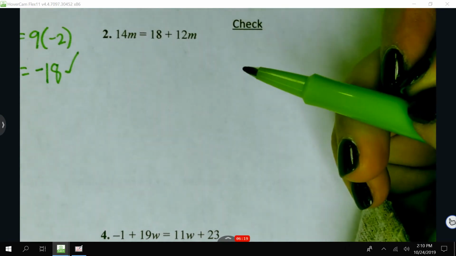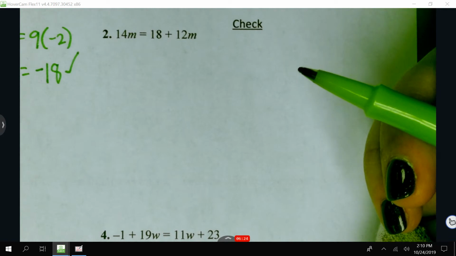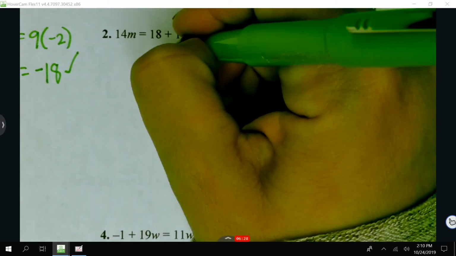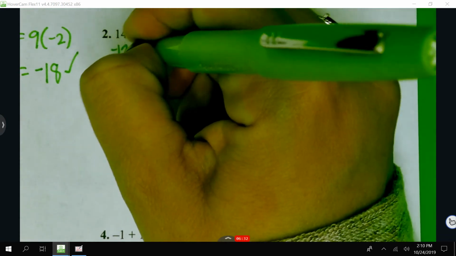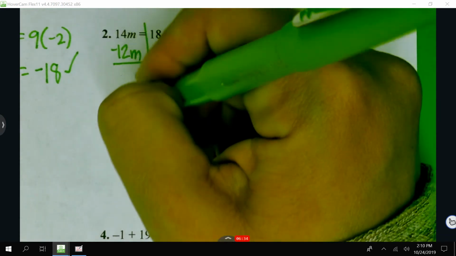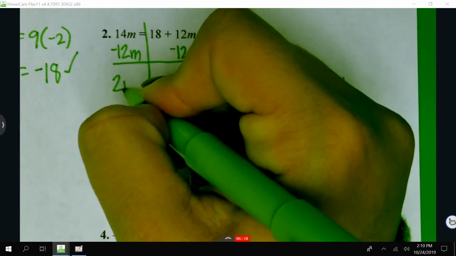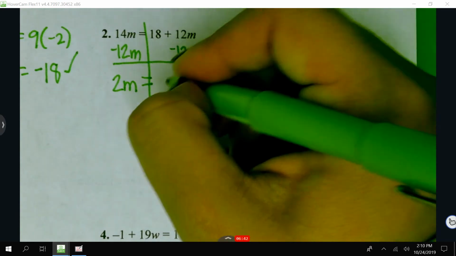Number 2. 14m equals 18 plus 12m. So what is my first step going to be here? Good. I want to subtract 12m from both sides. So then over here on the left, I'm left with a 2m. Good.